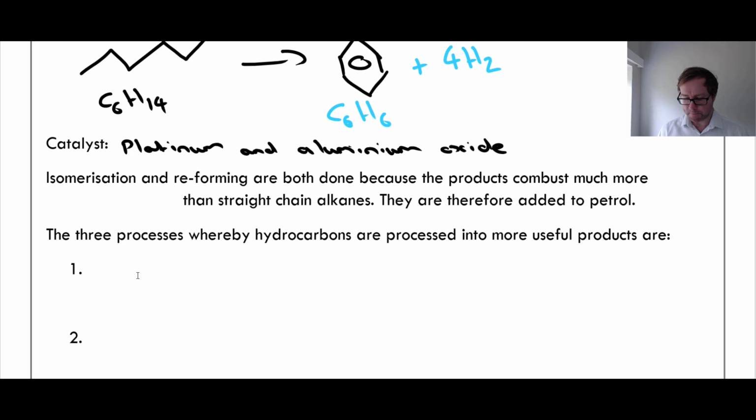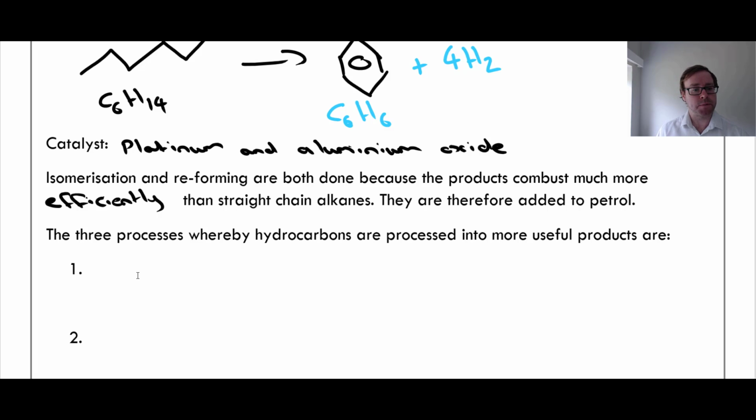So why do we do this? Isomerization and reforming are both done because the products combust much more efficiently than straight chain alkanes. Therefore, they are added to petrol.